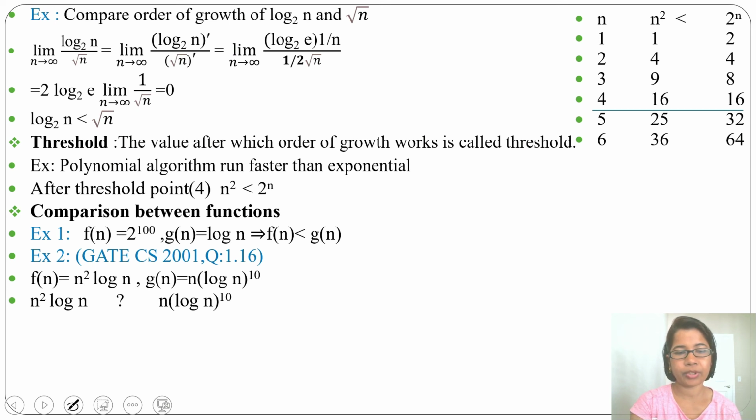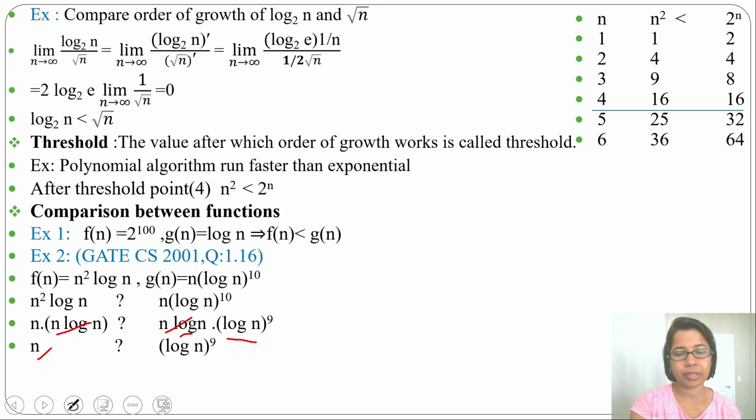In both functions, n log n is common. So let me rewrite n square as n multiplied by n log n, and this (log n) power 10 we can write as log n multiplied by (log n) power 9. Now from both sides we can cancel this n log n. After cancellation we get n, and here (log n) power 9.